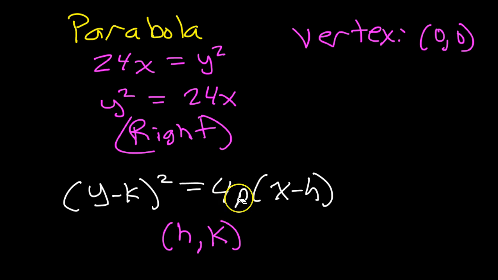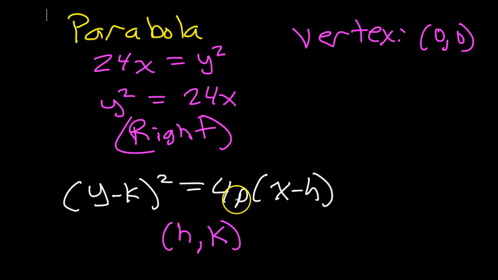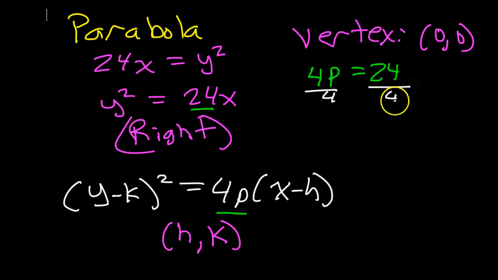Now, right here, we have 4p. We're going to need to know what p is. So the 4p is in the same position as this 24. That's because the 4p equals 24. If I divide both sides by 4, then I get p equals 6.